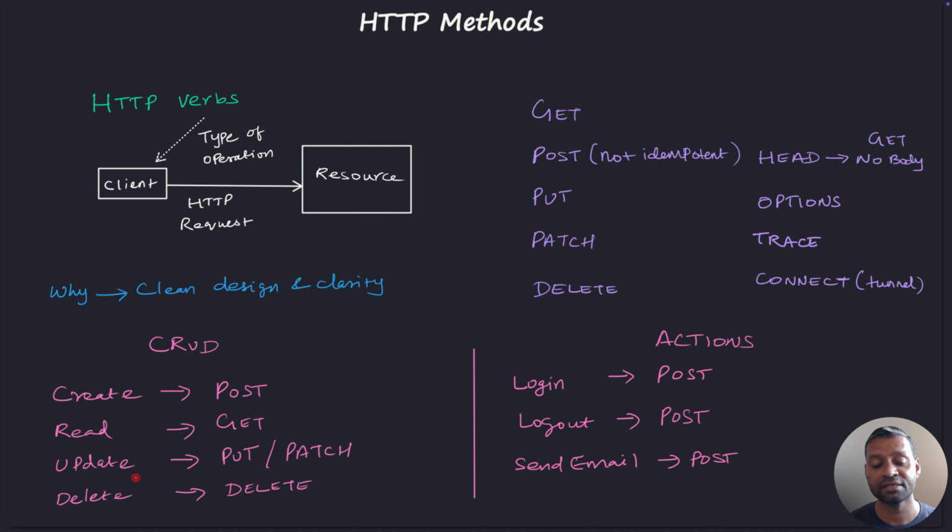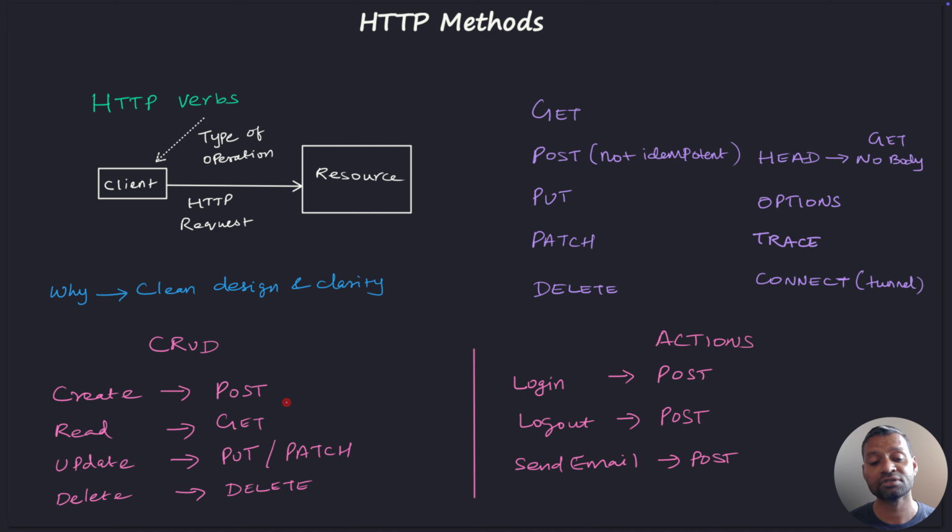And for updating a resource, we can either use PUT or PATCH depending on how we are doing the update. If you are replacing the whole resource, then I'll be using PUT. If you are updating only a partial set of data within that resource, then we'll be using PATCH. And for deleting a resource, we'll be using the DELETE method.